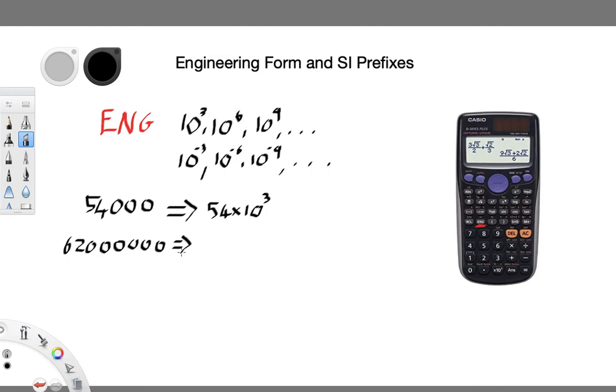Then if we press the ENG button, it will reduce to 62 times 10 to the 6. Again, that power is a multiple of 3, 6, which is obviously a multiple of 3. So that's the general gist with engineering form. And in the next part of the video, when we move on to the SI prefixes, we'll see how engineering form is useful.